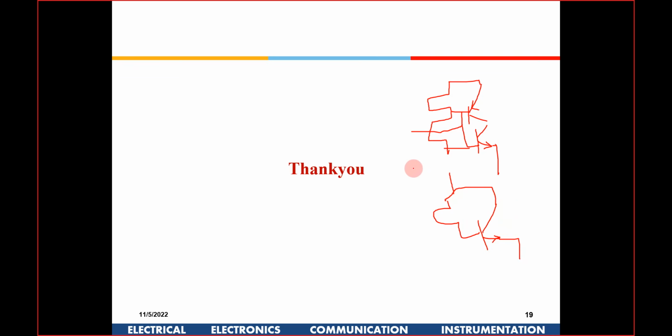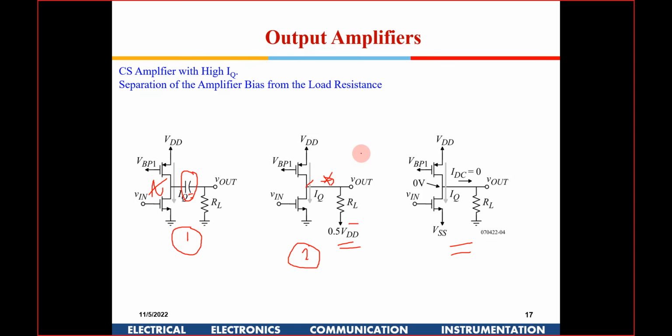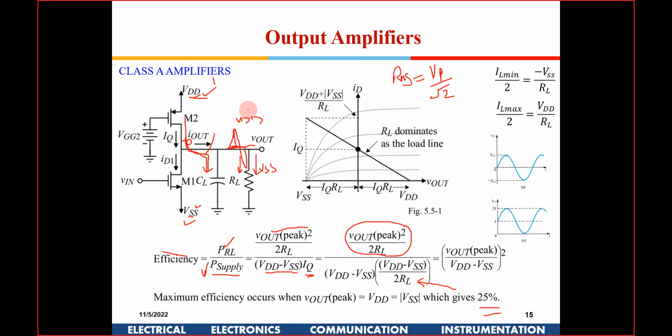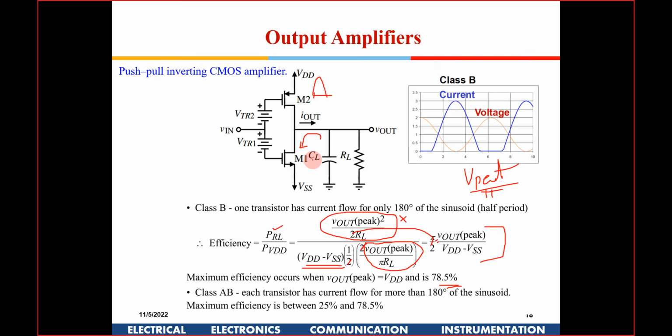This is the pull down network. Similarly, you could have the pull up network also, one Darlington pair. So BiCMOS technology is also used in the final stages. Otherwise, as far as this chapter is concerned, you should know the design of a Class A amplifier and its efficiency calculation, and also a Class B amplifier and its efficiency calculation.